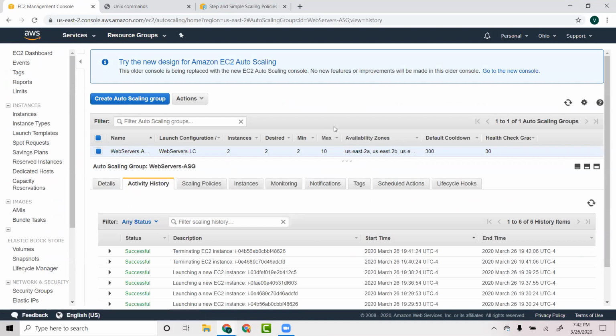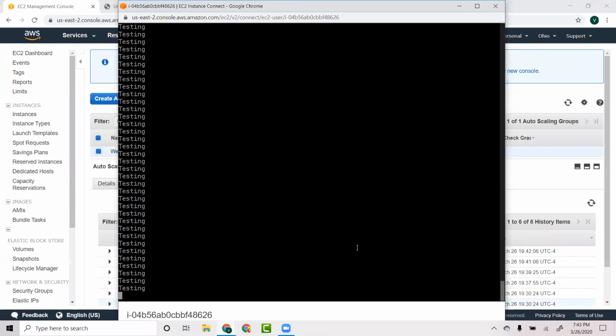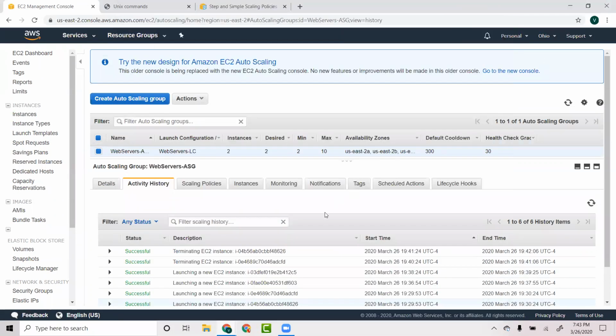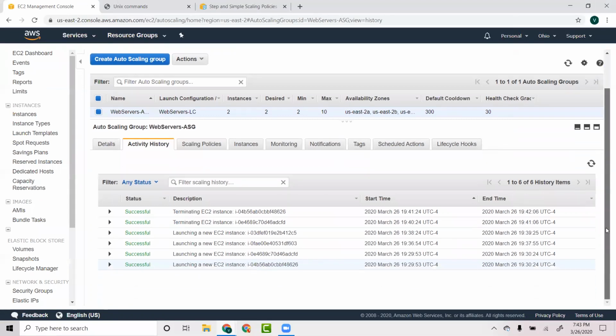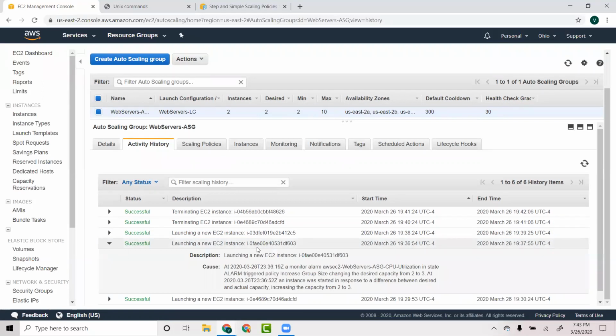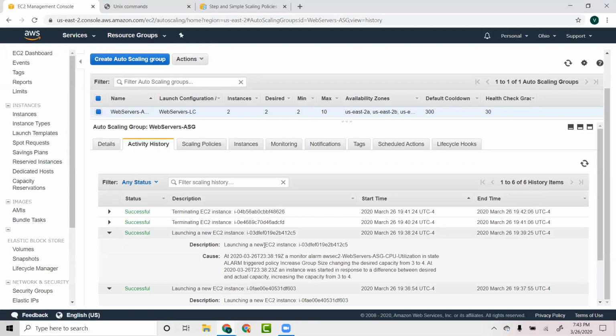The beauty with auto scaling group is that things happen so fast. Let's take a look at the terminating policy. This is 7:29, that's when we started, or 7:36. So it's launching a new EC2 instance, because we need it.